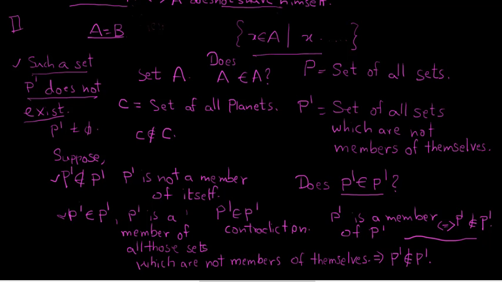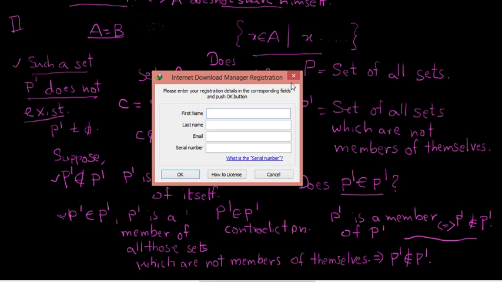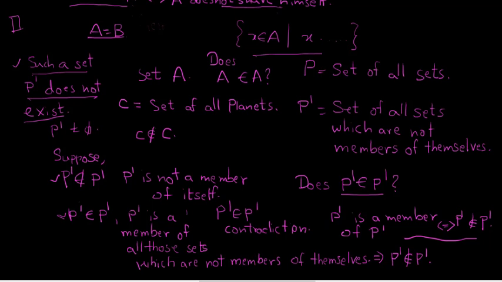We also note that this kind of Russell paradox appears very commonly in many places in mathematics, and one example of this is the membership problem.